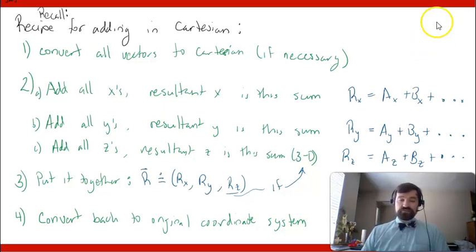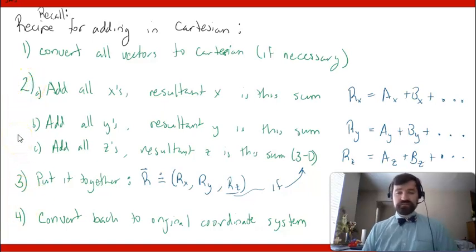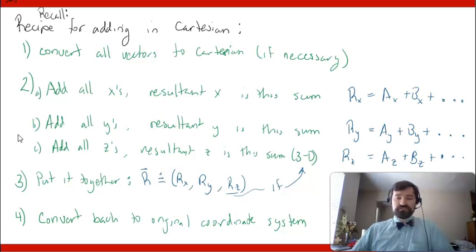In that original video, I basically worked a quick example that involved largely steps 2 and 3. In other words, I gave you vectors that were already in Cartesian coordinates, and you needed to find the resultant vector from adding a few such vectors together.